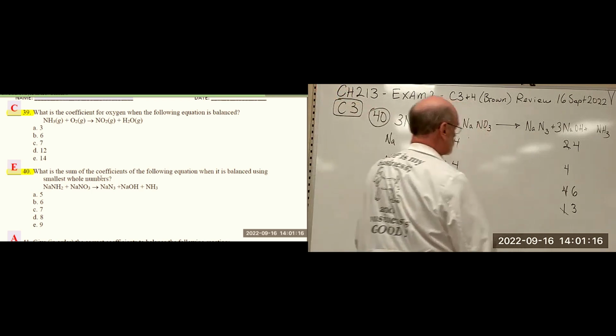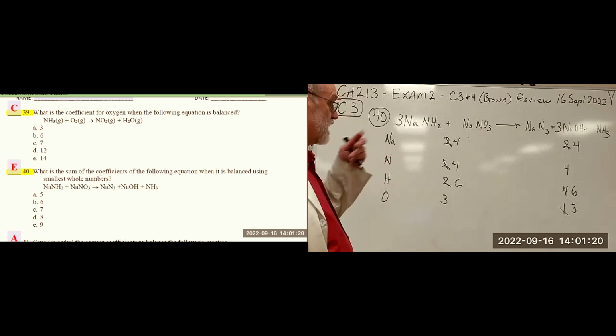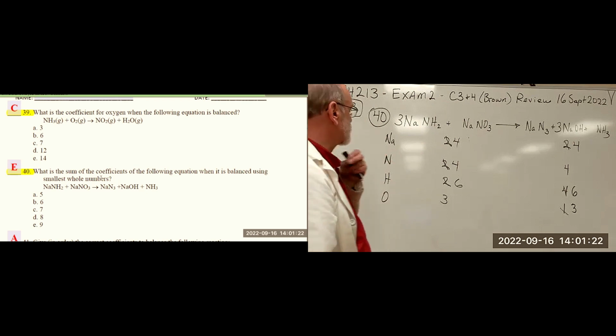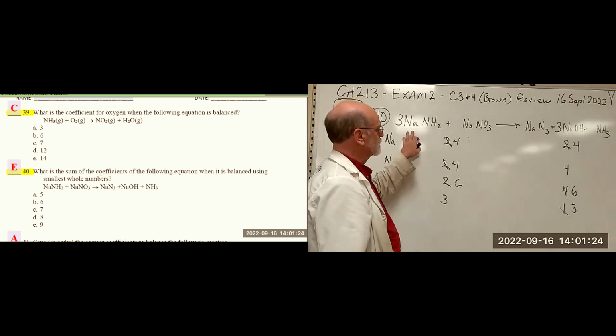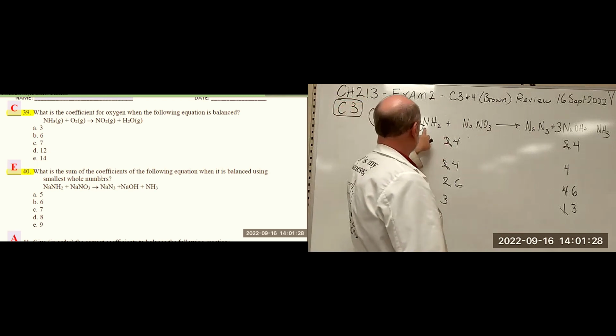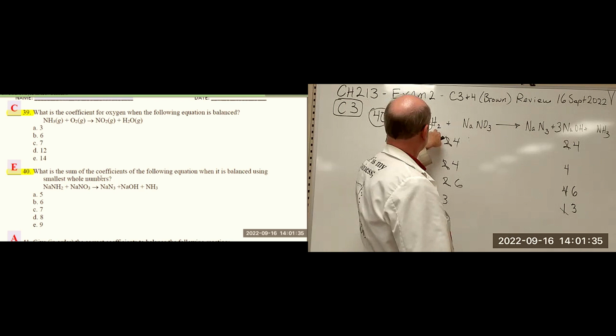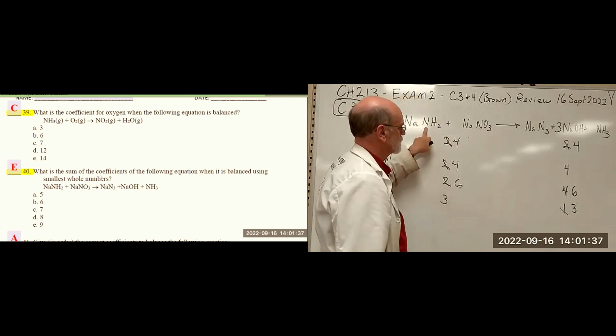But I'm wondering if a redox method might work on this one. Let's see if there's any change. Well, sodium's the same on both sides, oxidation state. Nitrogen, that would be plus 1 and plus 3. So this would be minus 3.